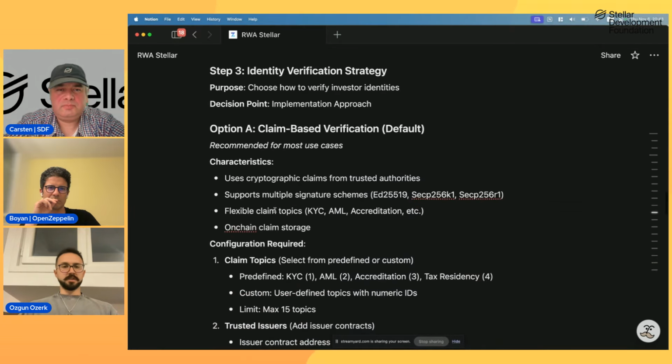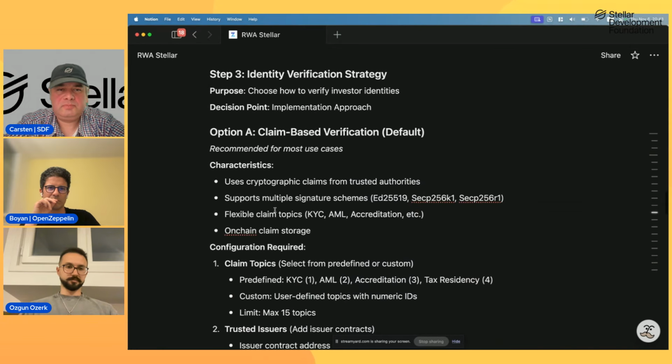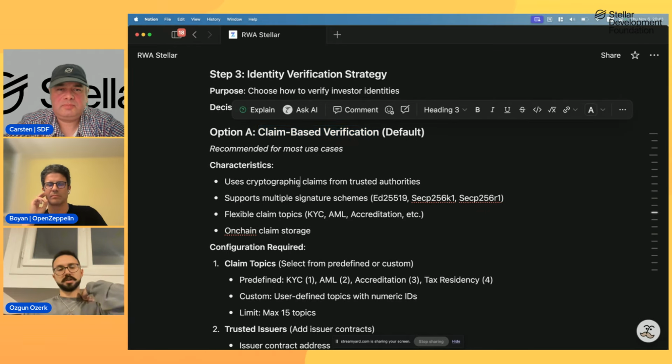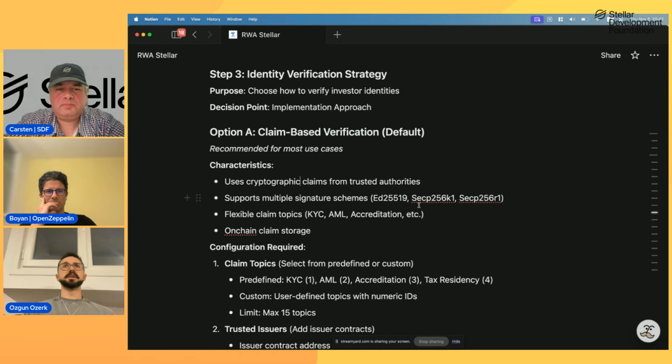So let's dive into the identity stack. There can be multiple ways to verify identity. The one we provide, which is the default one, is claim-based. You can think of it like, I'm from Turkey and I'm a Turkish citizen. And in this RWA setting, maybe the residency is an issue. So I must have a claim from the authorities that I'm a resident of Turkey.